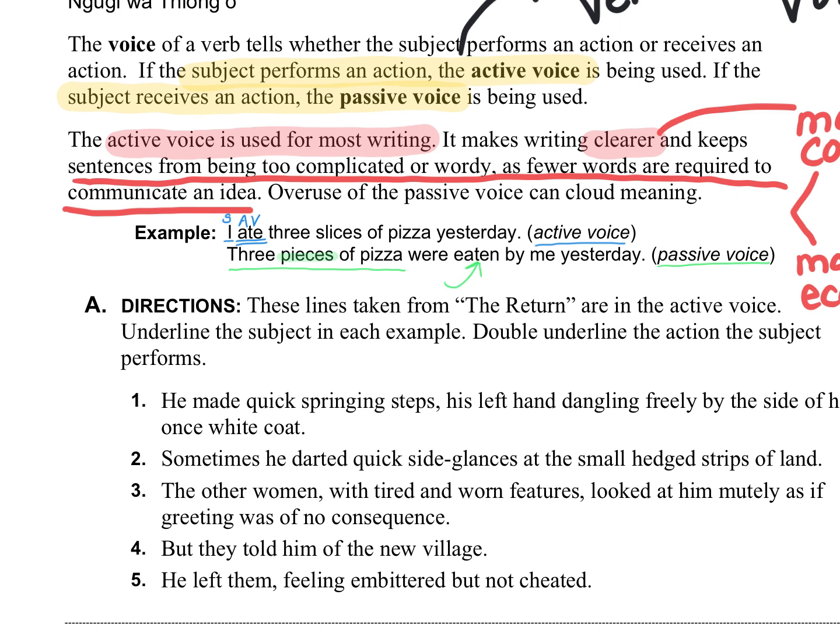Eaten. They were eaten. Okay? So in this case, you've got a linking verb, and the main verb is eaten. Okay? So that's actually a verb phrase. That's the linking verb plus the main verb. Okay? And it's not an action verb, so it is passive voice. Okay?